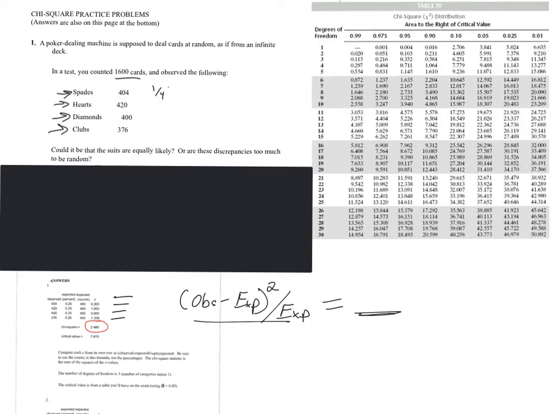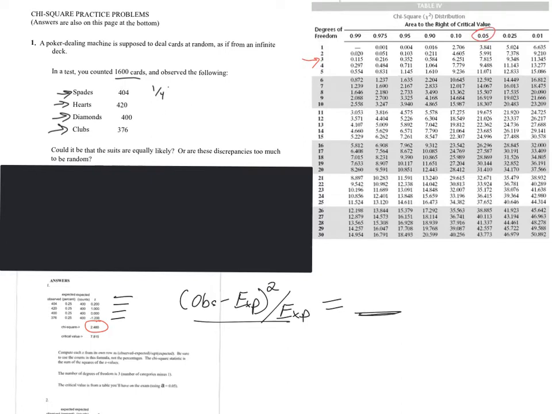So your critical value is again found in the chart, and when you have four categories, how many degrees of freedom do you have? I hope you said 3. So remember, the degrees of freedom is n minus 1. So your degrees of freedom here is 3, and remember, we're always looking at 0.05 or 5%.